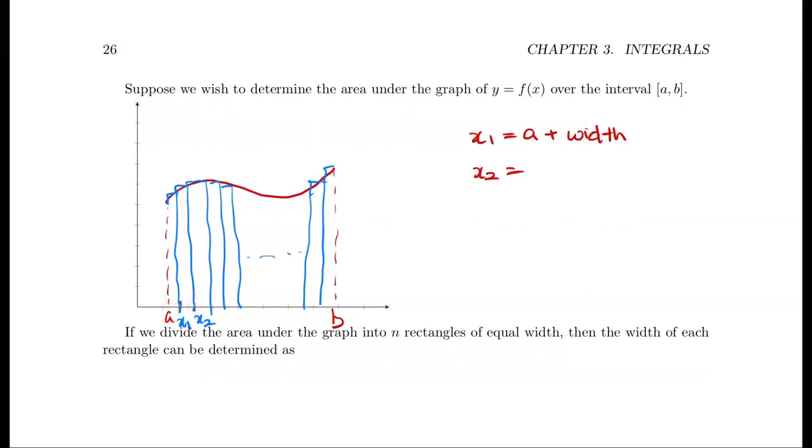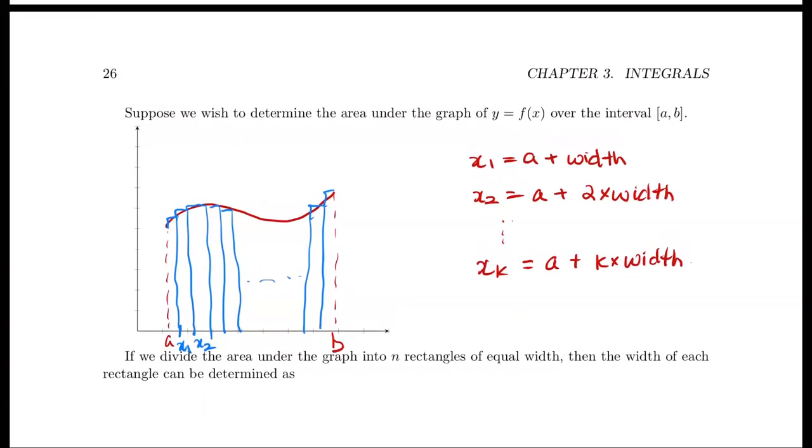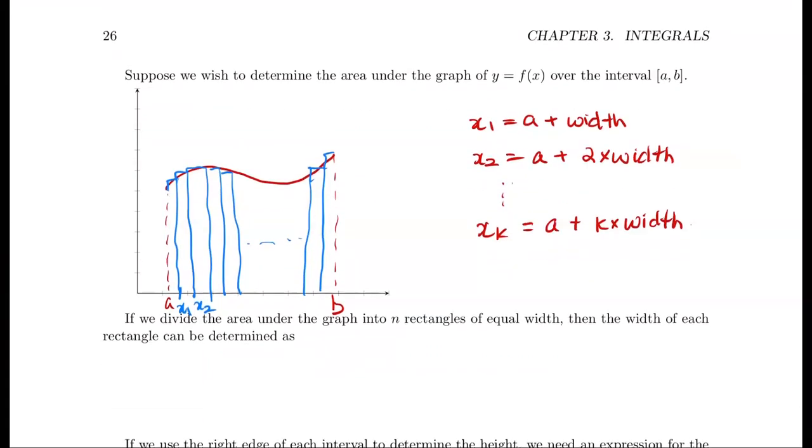So starting from a, 2 times the width. And if we keep on going for k times, xk is a plus k times the width. So that's going to be the coordinate at this point here.